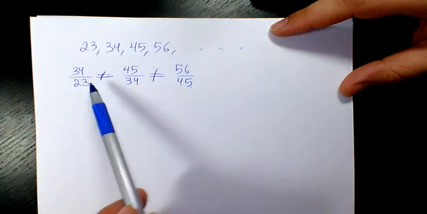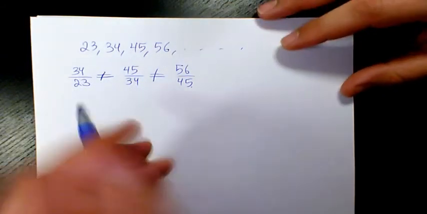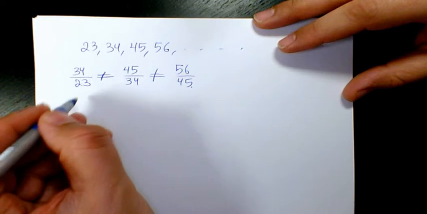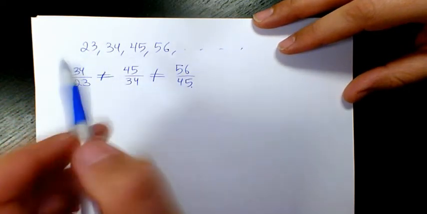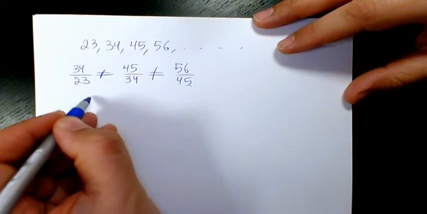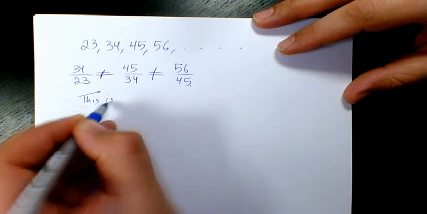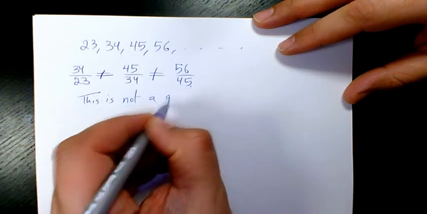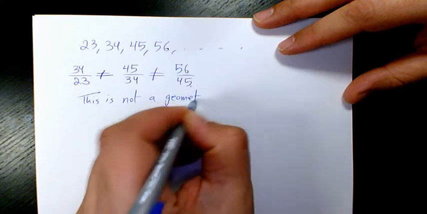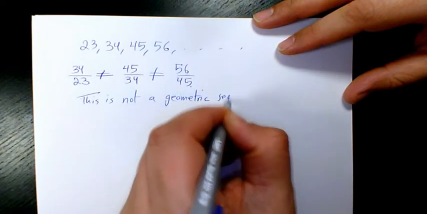Even if just one of the ratios is not equal, we call it not a geometric sequence. So just one of them is enough. So this is not a geometric sequence.